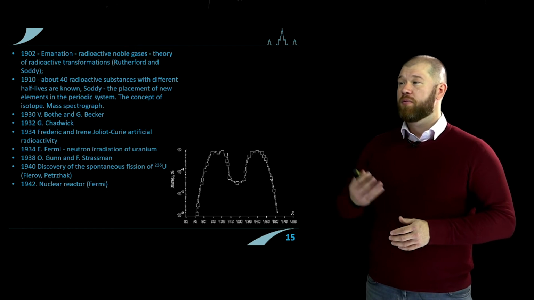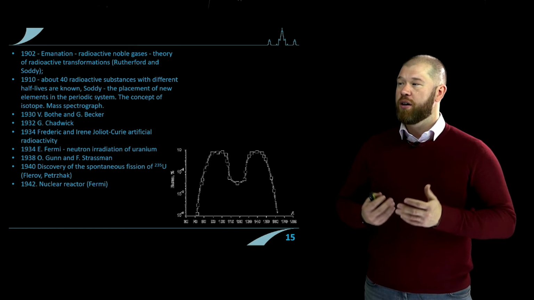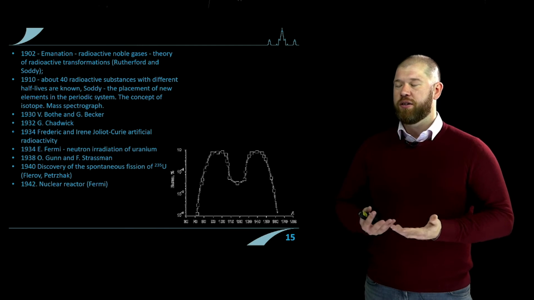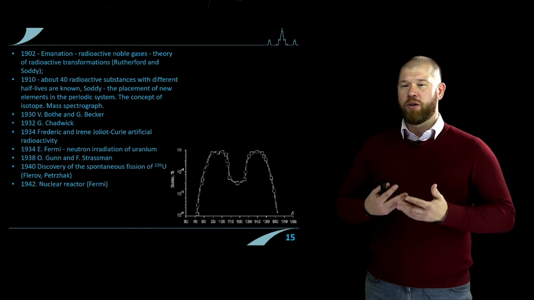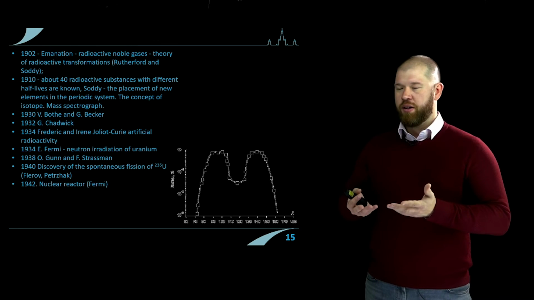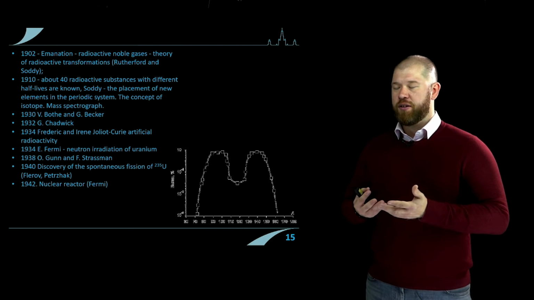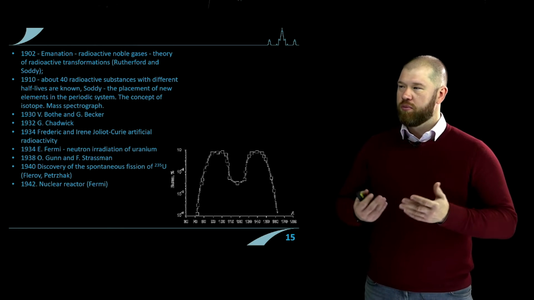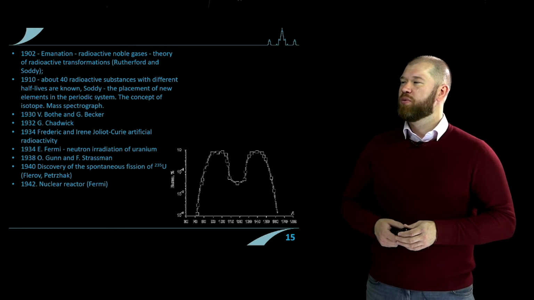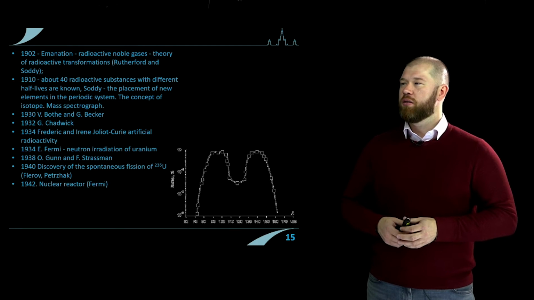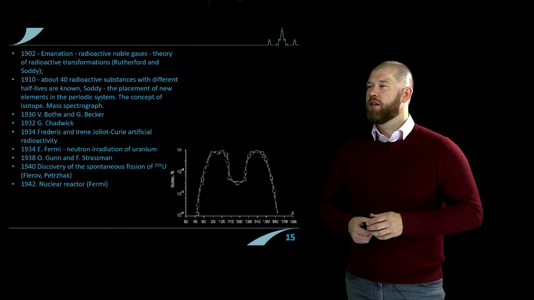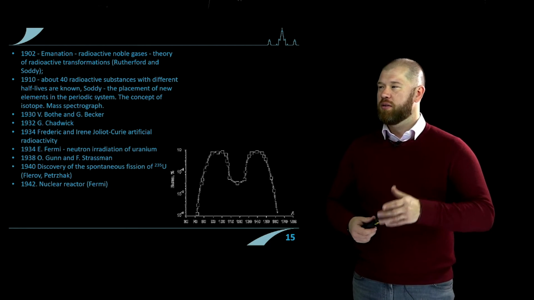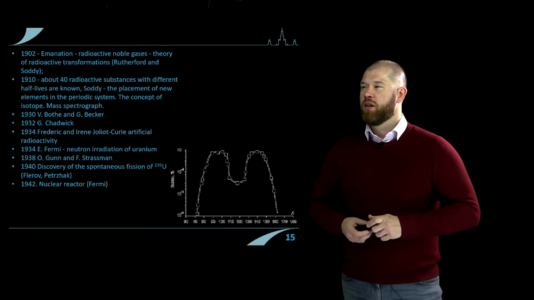And Soddy introduced the concept of isotopes, and with the discovery of the mass spectrograph, it was possible to show that the same element has different isotopes. This concept of isotope was proved. Later, about 20 years later, the neutron was discovered in a different observation.